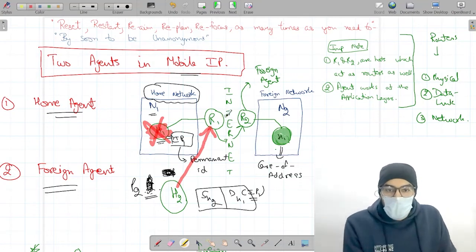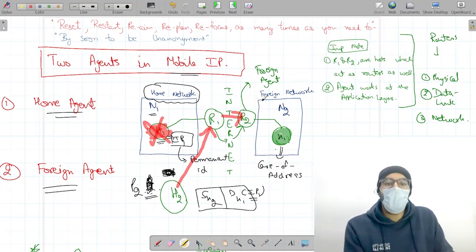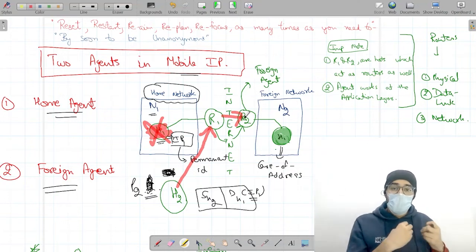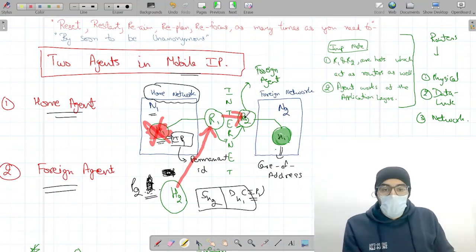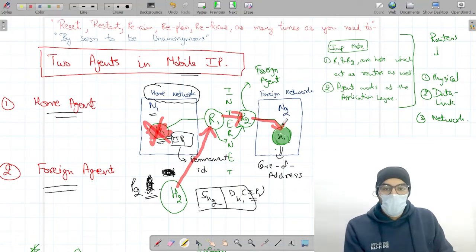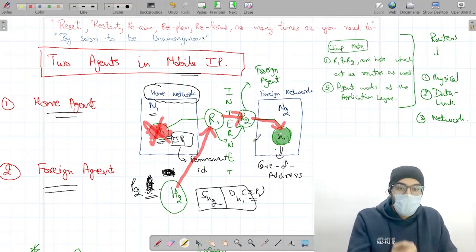So router R1 is going to forward this packet to router R2, which is the foreign agent in network N2. Now router R2 finds somehow that host H1 is inside its own network, so it is going to send this packet to host H1. This is how host H1 is still able to get the packet.